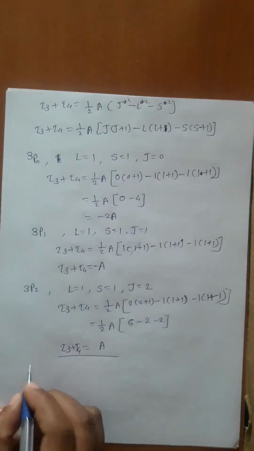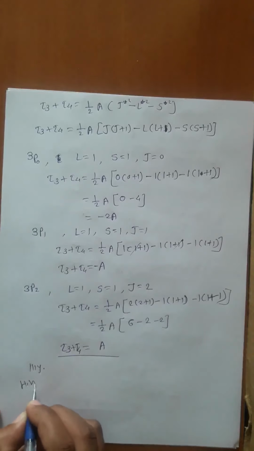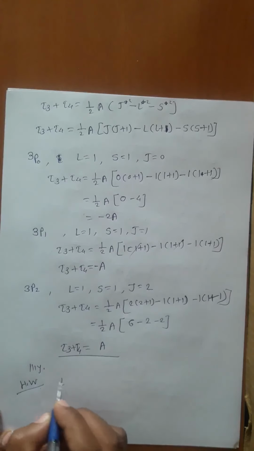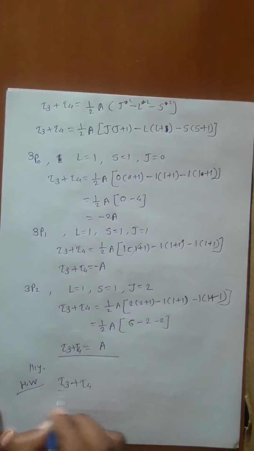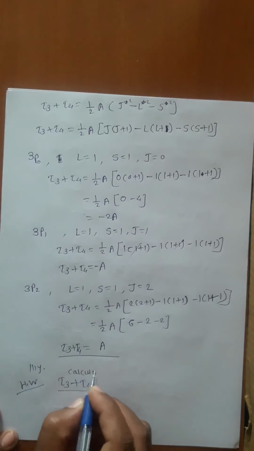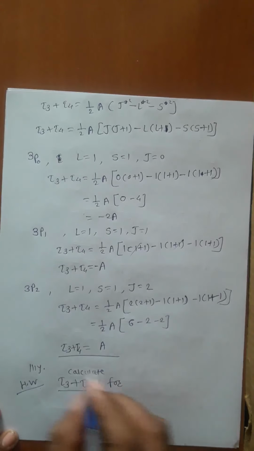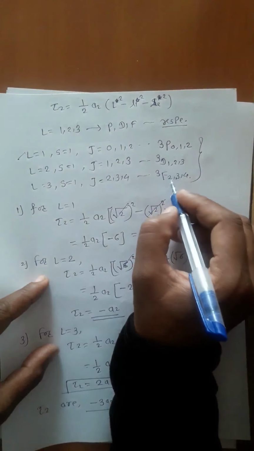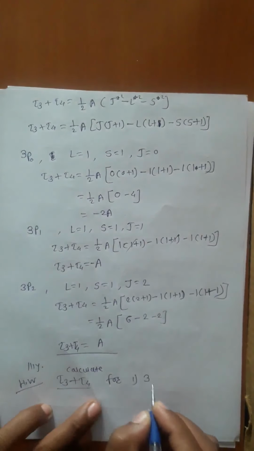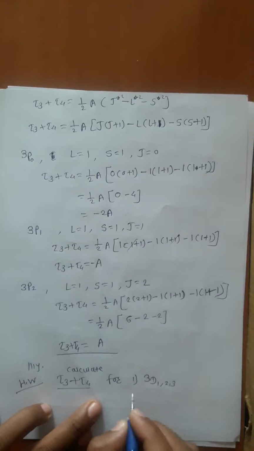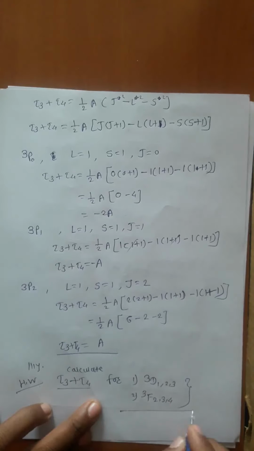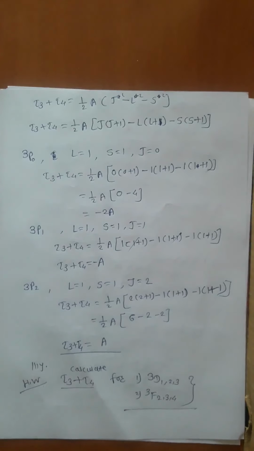Similarly, as homework, calculate the value of tau 3 plus tau 4 for these two states: first 3D1, 2, 3 and second 3F2, 3 and 4. This will be the homework.